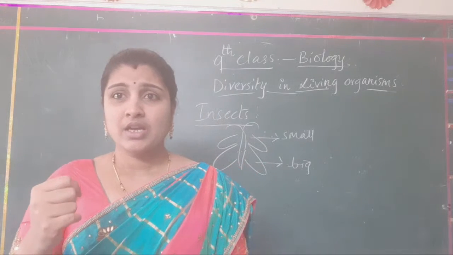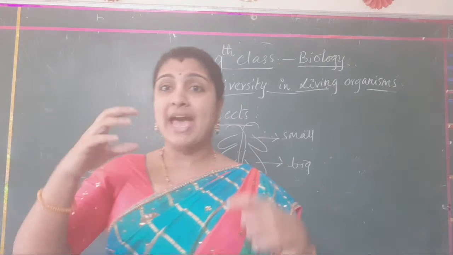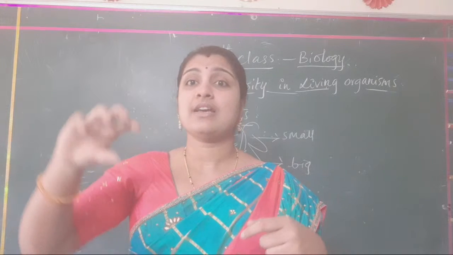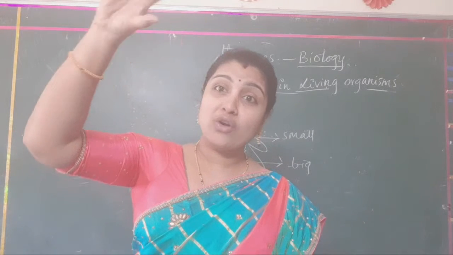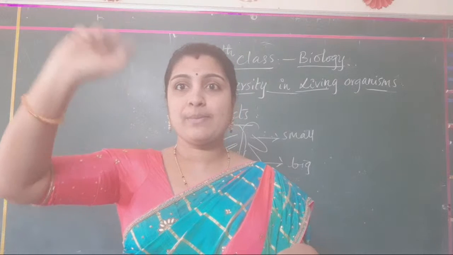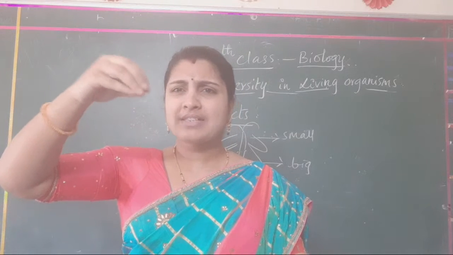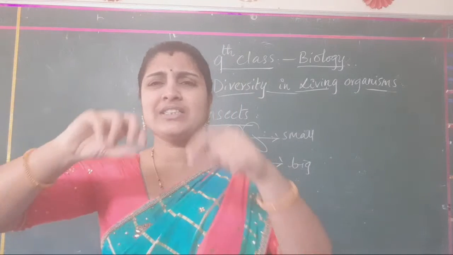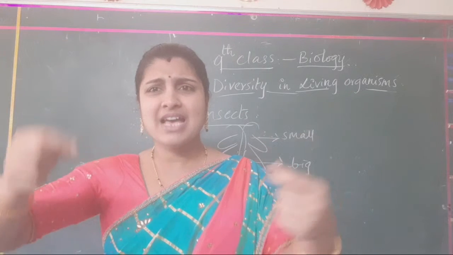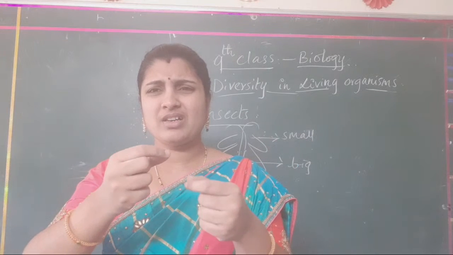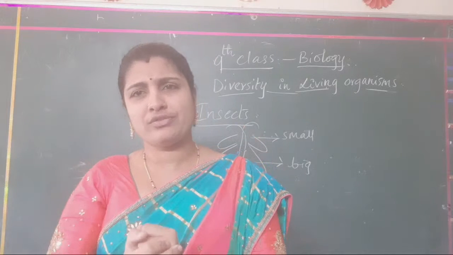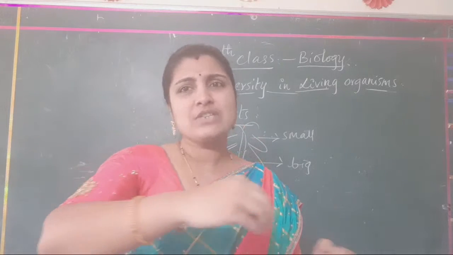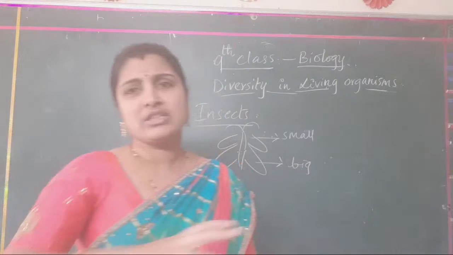During rainy season, some ants will have wings. They will scatter around the bulb. And as time passes, within some minutes only, as their wings are very weak in nature, they fall off, and the ants will move on the ground.